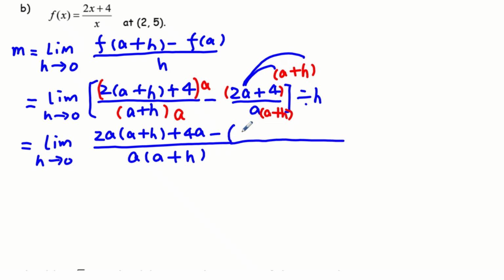So 2a times a is 2a squared. 2a times h is 2ah. Then 4 times each term: 4 times a is 4a, and 4 times h is 4h. Then all of them divide by h.